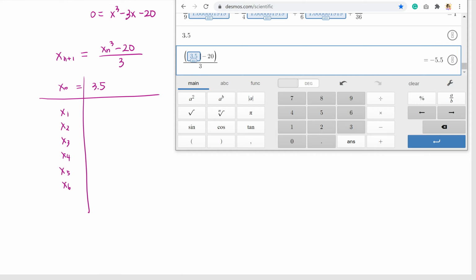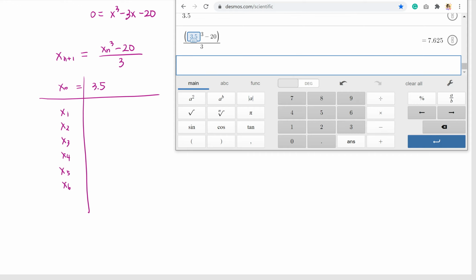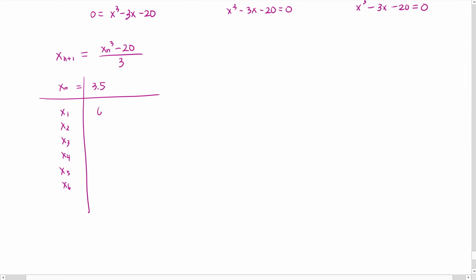Oh, I forgot to have answer cubed. So far, so good, everybody. Enter. 7.625.